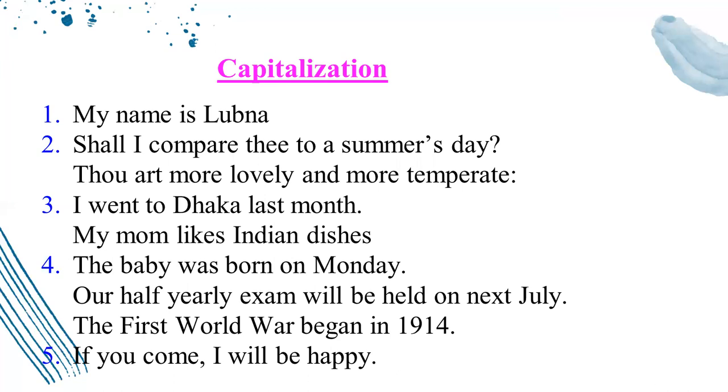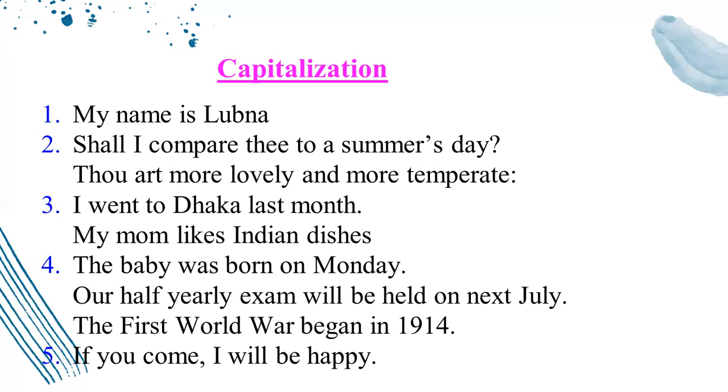Next, I went to Dhaka last month. My mom likes Indian dishes. Here, Dhaka is a proper noun and Indian is a proper adjective. The first letter of a proper noun and proper adjective is always a capital letter. Okay, come to the 4th sentence. The baby was born on Monday, and next sentence, our half-yearly exam will be held next July.